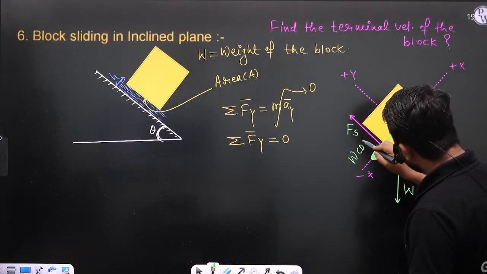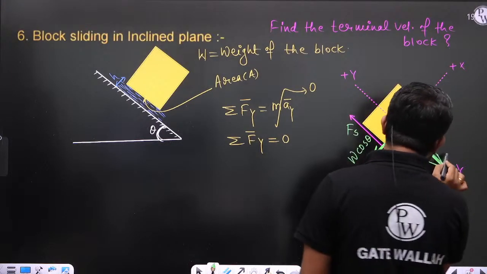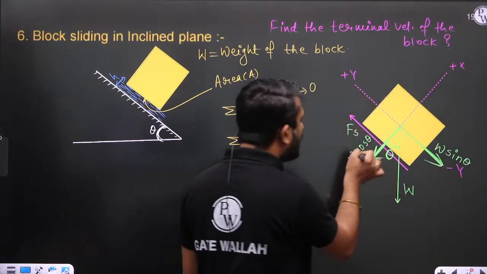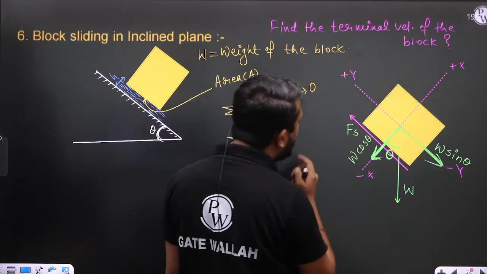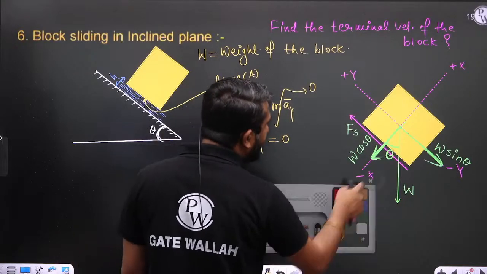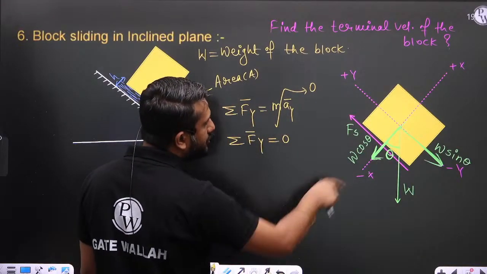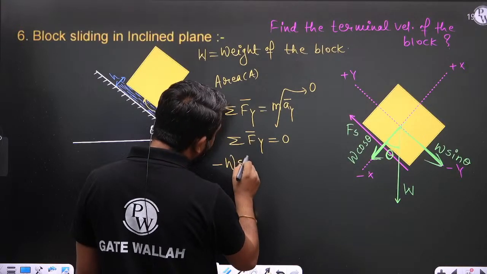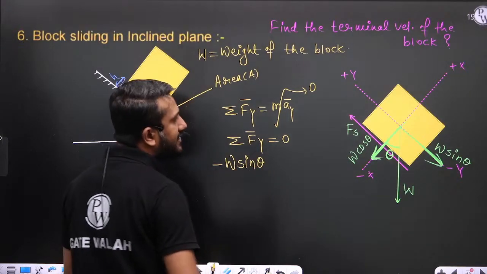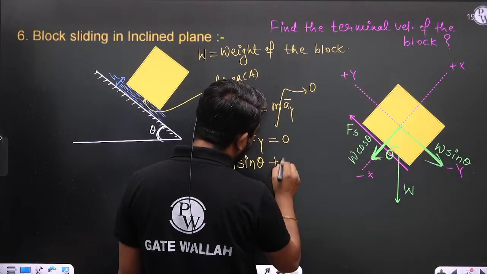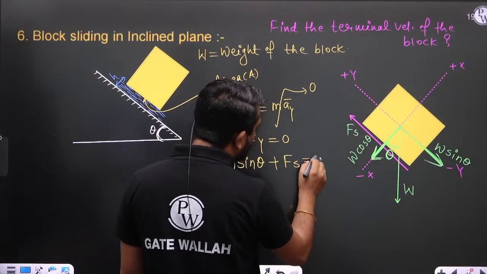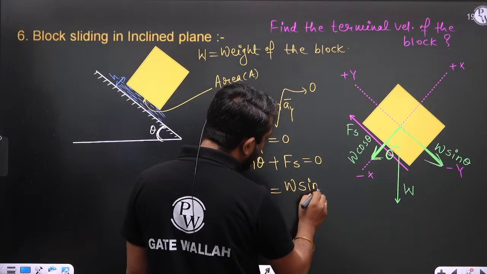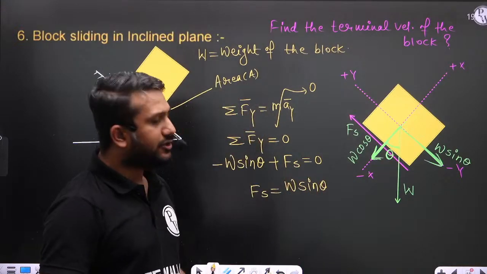This component is W cos theta, and this component is W sin theta. So summation Fy equal to 0, so simply this is minus W sin theta plus Fs is equal to 0. So Fs is equal to W sin theta.